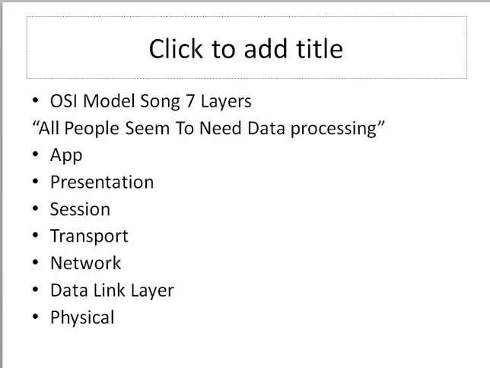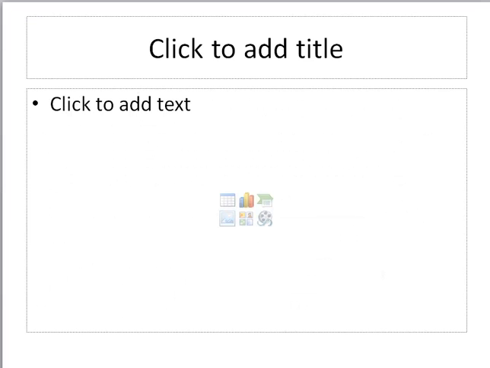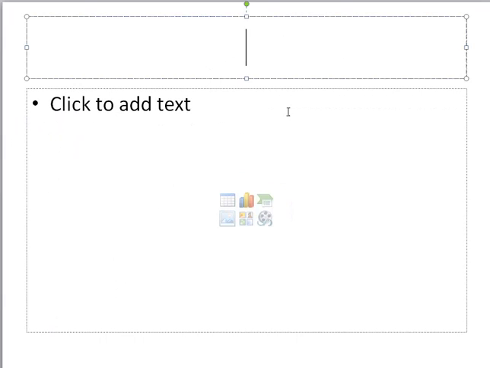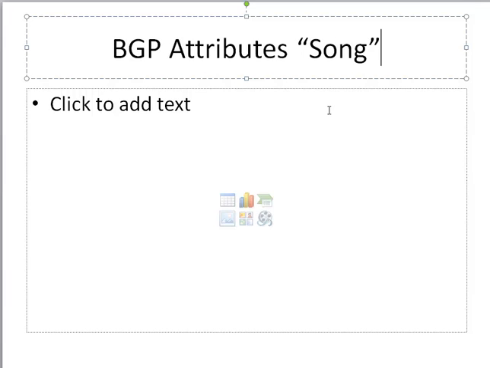the OSI model. In the same sense, I don't think I've seen this on Google or anywhere. I was trying to find the source for this, but I heard this from somebody. There's one to actually memorize the BGP attributes. A song, I guess you could say.